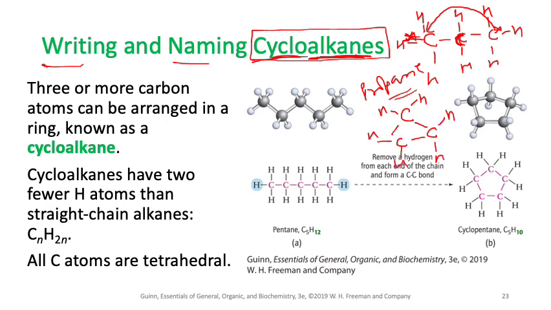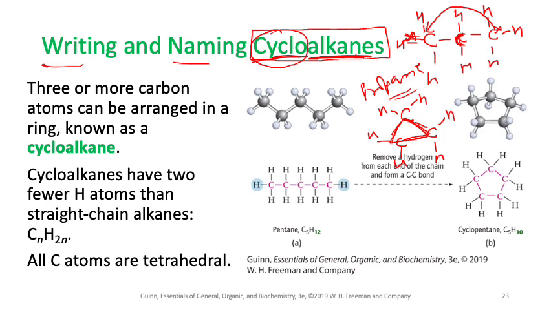So now each carbon has 4 bonds, right? All the 3. And then let's try to make the molecular formula for this cyclic ring structure. What you have over here is a ring, all the ends are closed, right? There is no free end, and this kind of structure we know as cyclo.